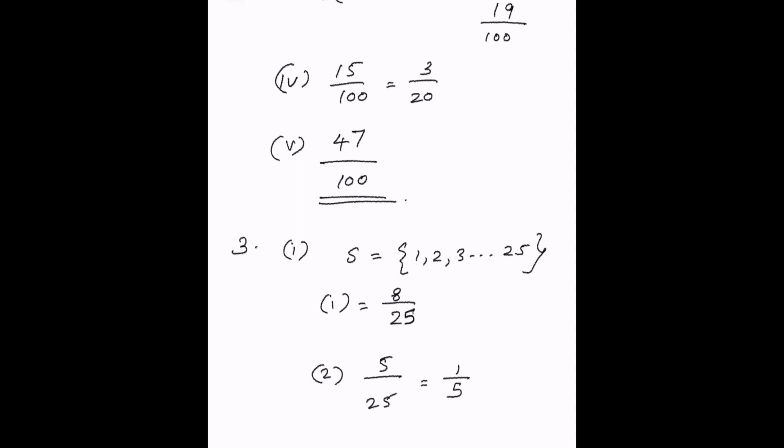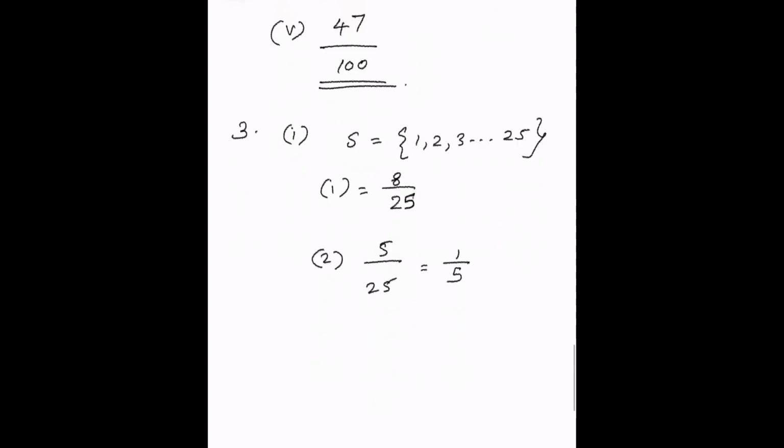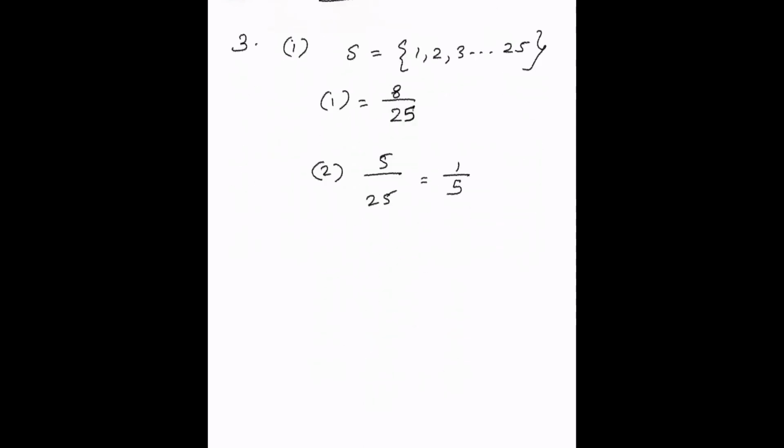So the third subdivision: the card that is drawn is a multiple of 3 and 5. When this kind of question comes, you can just list out the favorable outcomes. If you're confused, better to list them out.